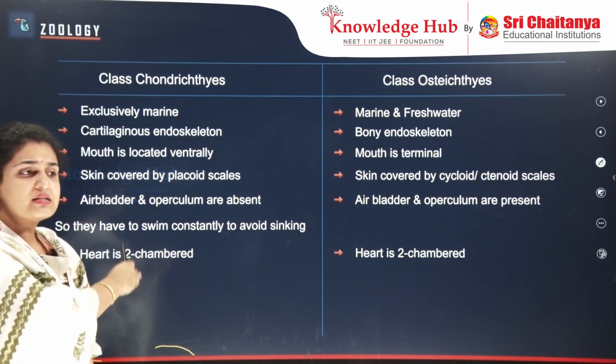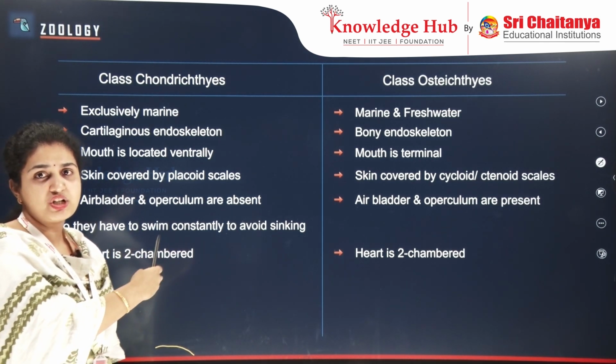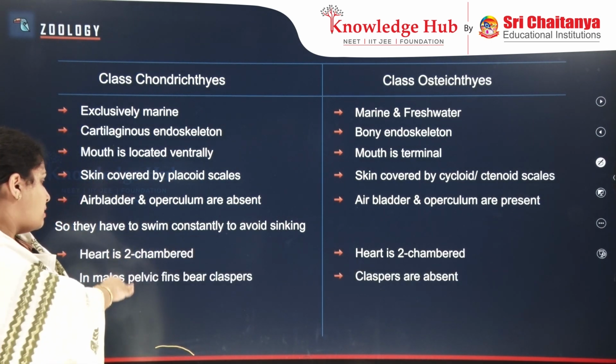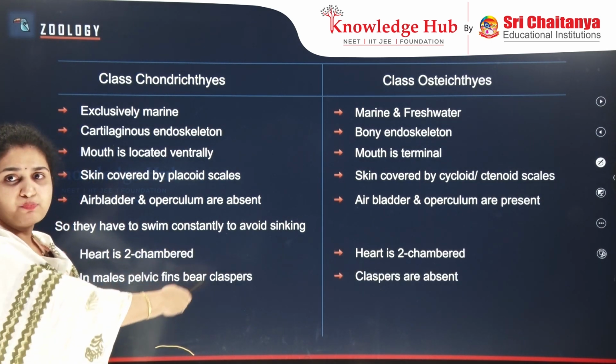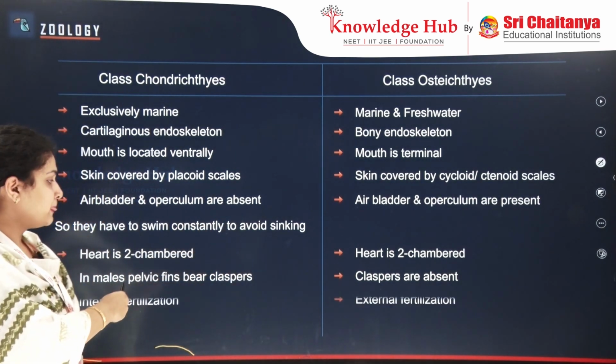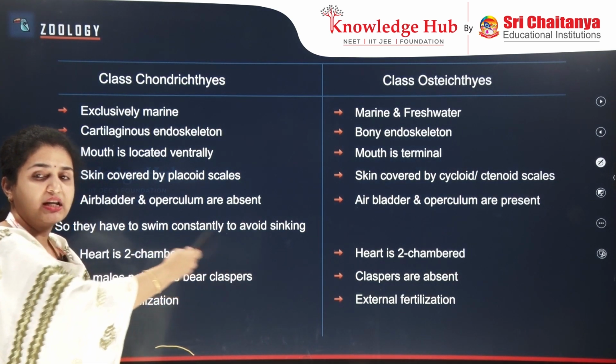Next difference: the heart is two-chambered, but as we know, fishes have a two-chambered heart, so both have only a two-chambered heart. In males of Chondrichthyes, pelvic fins bear the claspers. In Osteichthyes the claspers are absent. Chondrichthyes show internal fertilization, while Osteichthyes show external fertilization.